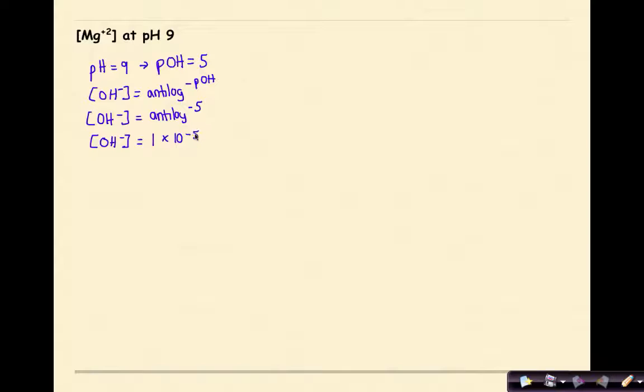Now I have my KSP expression. So KSP is equal to Mg plus 2 and OH minus 1 squared. I'm going to take my original KSP that was given to me, 2.06 times 10 to the negative 13, and I'm going to solve for my magnesium ion concentration.